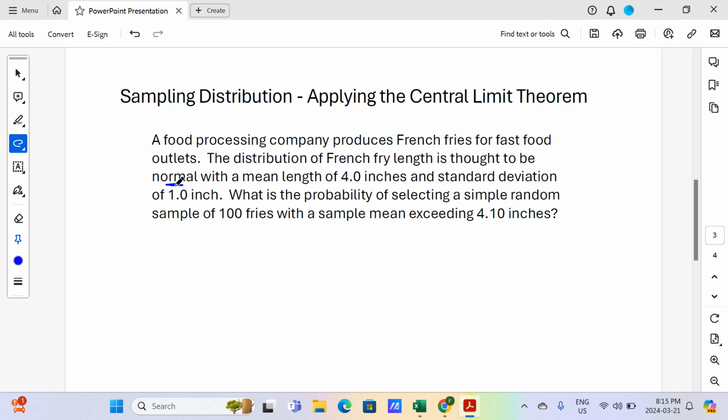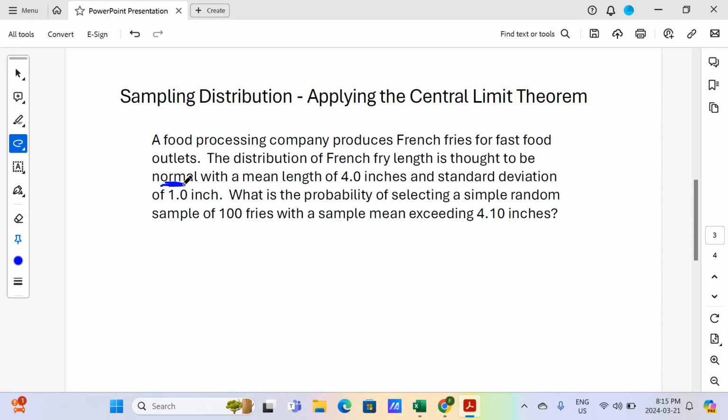But what happens if the population is not normal? If the population is not normal, we need a sample which is large enough. Then the distribution of X bar, the sample mean, also would be normal.